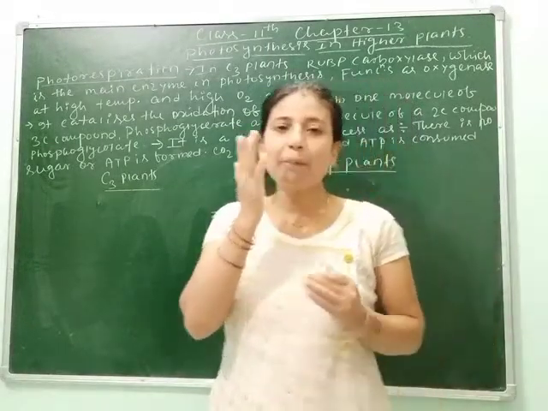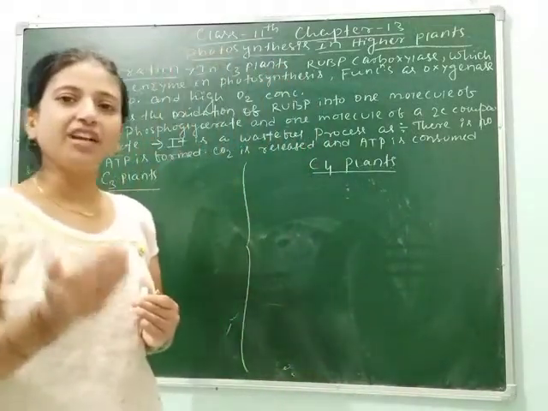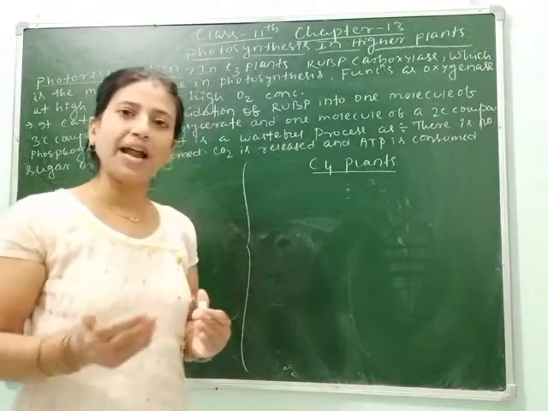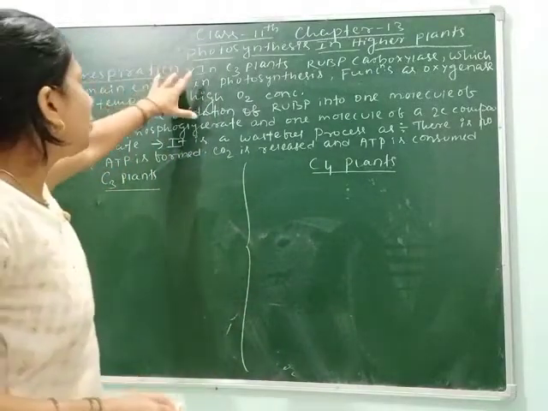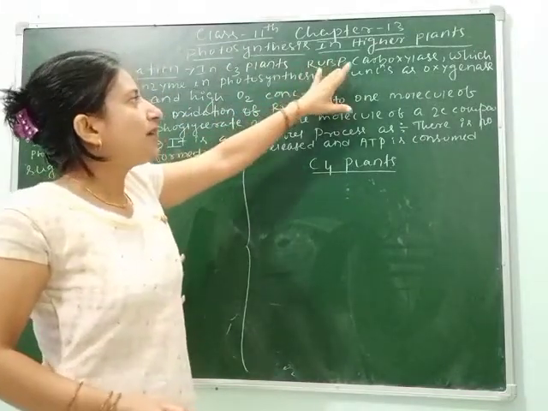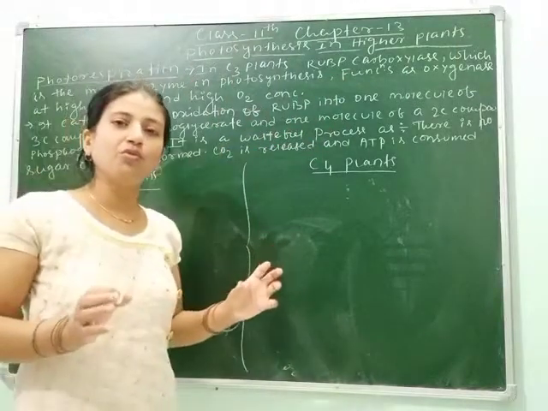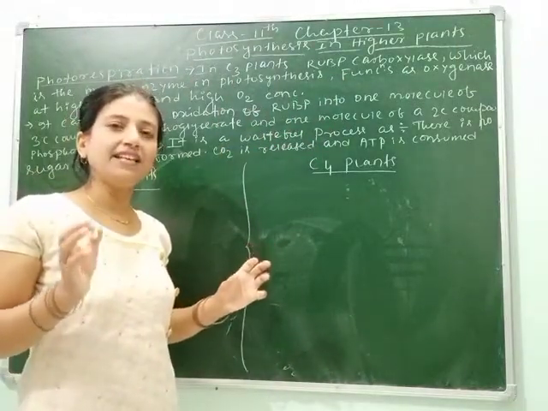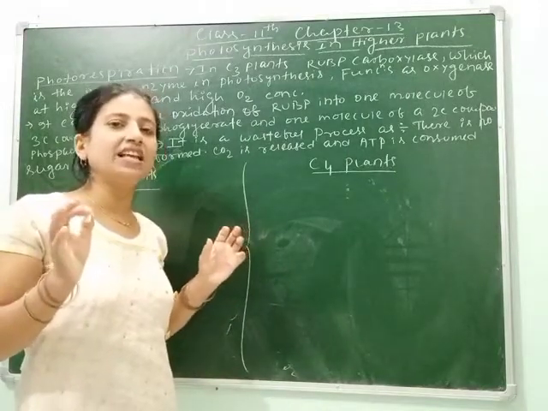So which type of plants show photorespiration, and how is photorespiration a wasteful process for many plant species? Let's understand this. During photorespiration, or we can say in C3 plants, ribulose bisphosphate carboxylase, meaning RuBisCO, as you know the most abundant enzyme in the world, all plants contain this enzyme.